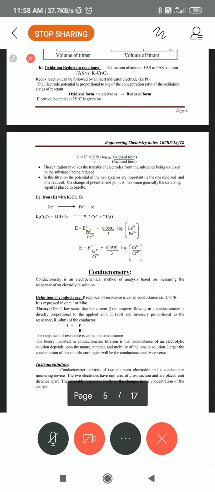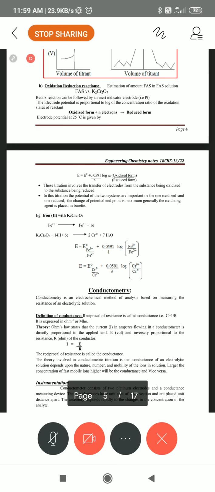Against that, in a neutralization reaction you take the acids and the base. If it is a potentiometric redox reaction, you take the oxidizing agents.